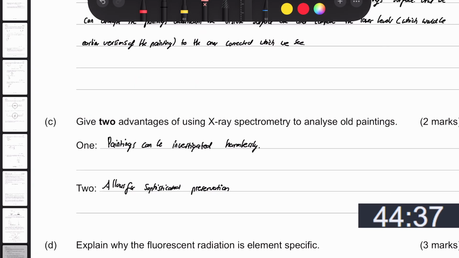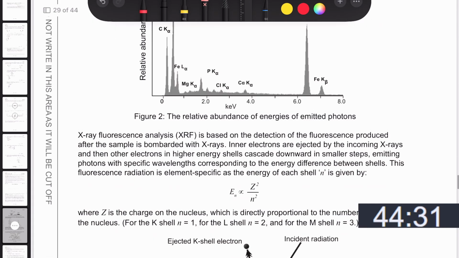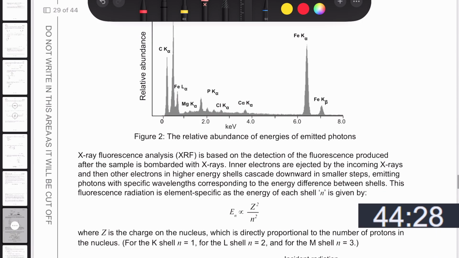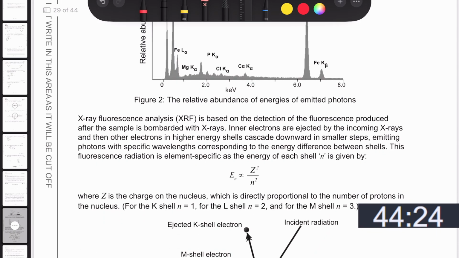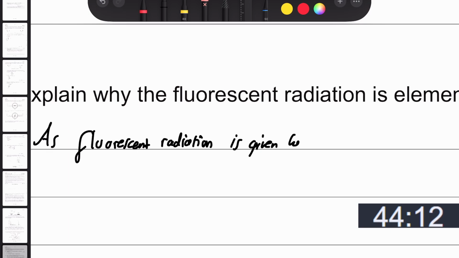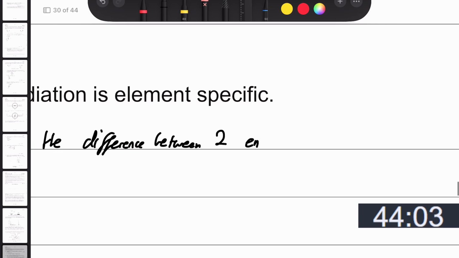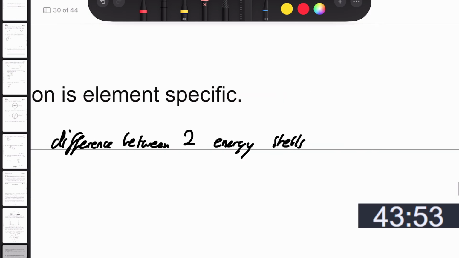Explain why the fluorescent radiation is element specific. As E_n is proportional to Z squared over n squared, fluorescent radiation is given by the difference between two energy shells.